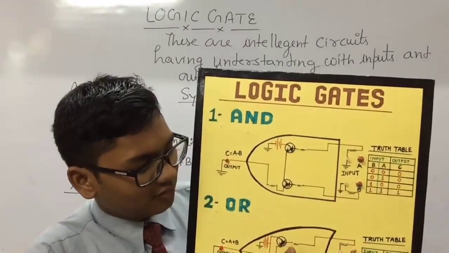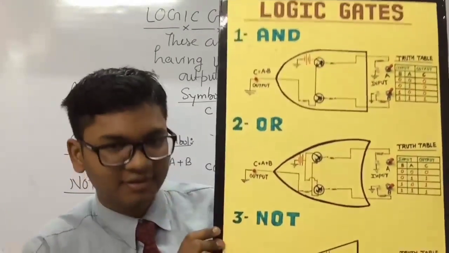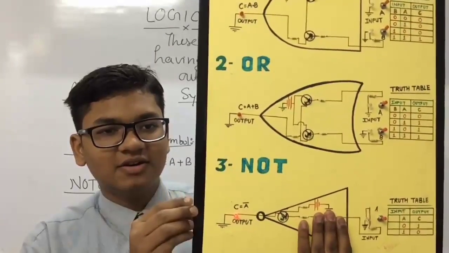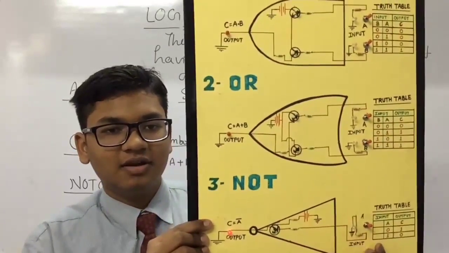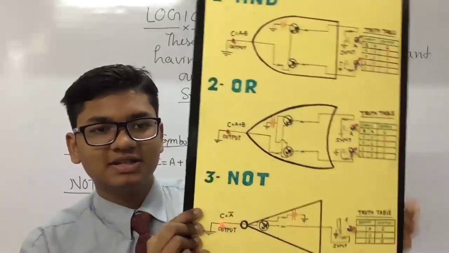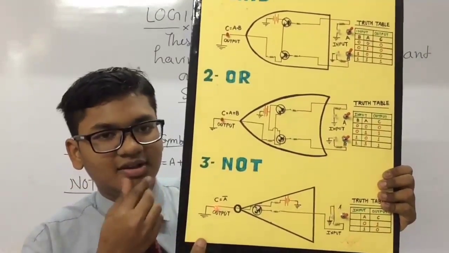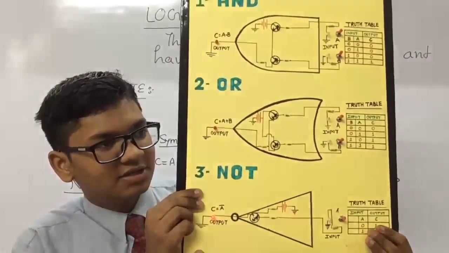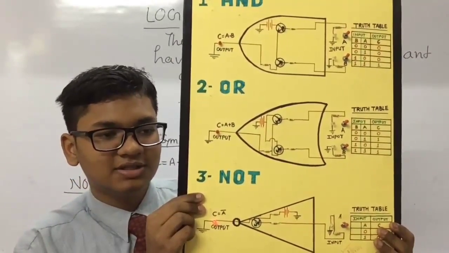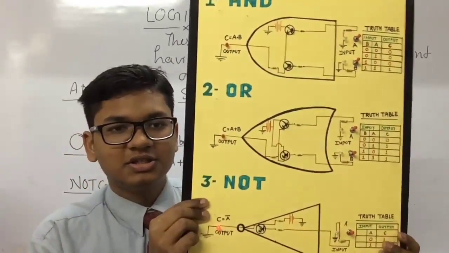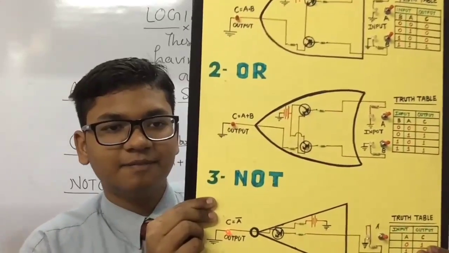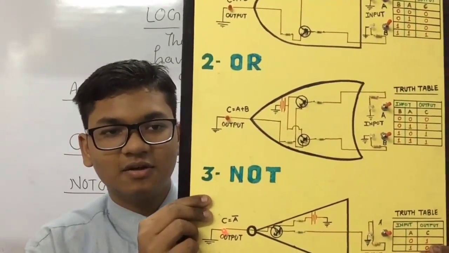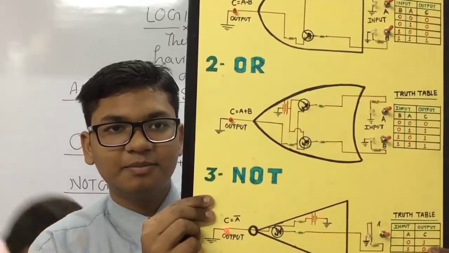Now the third gate is the NOT gate. In this there is only one input, A, which converts a true signal to a false signal and a false signal to true. So here the signal is off, the input is off, and the output is true.